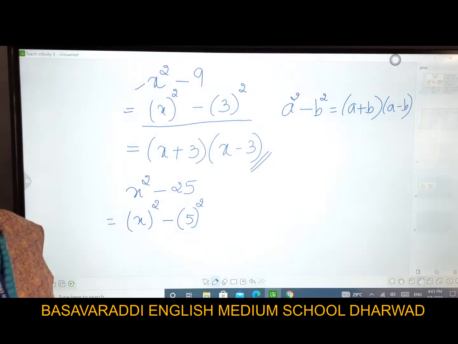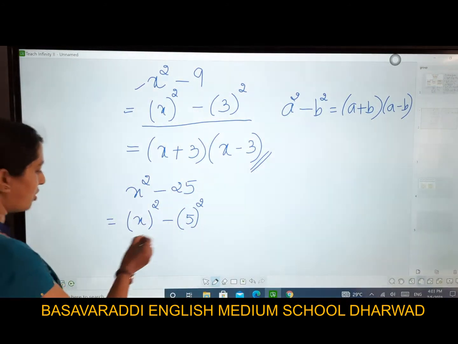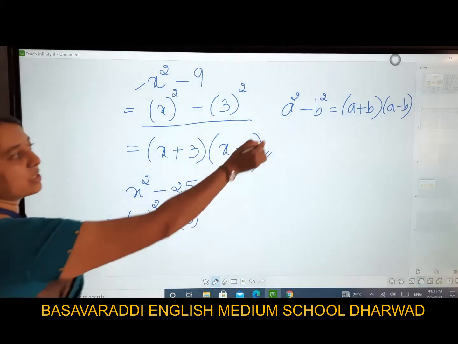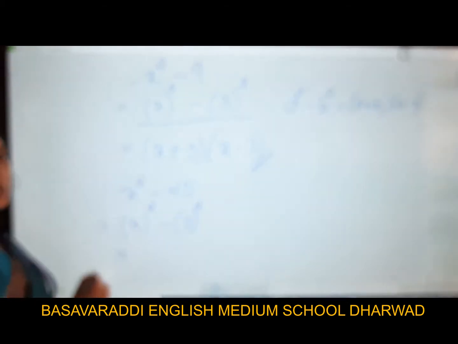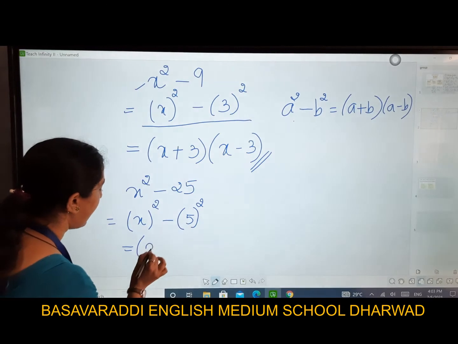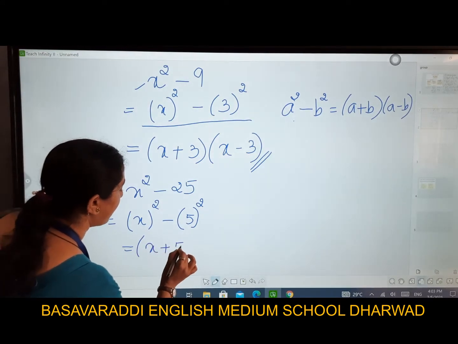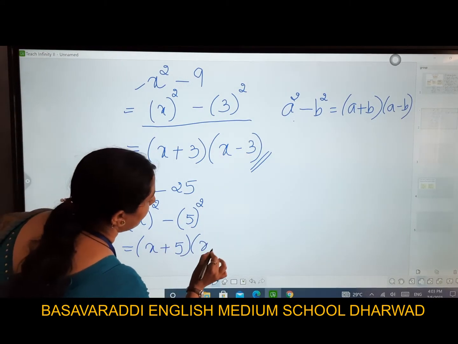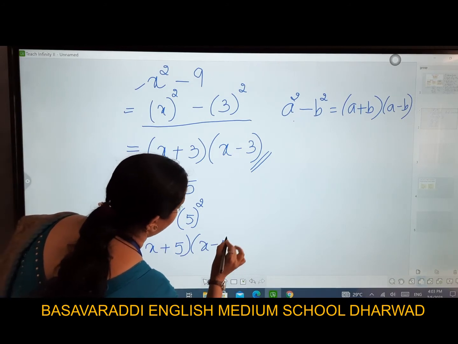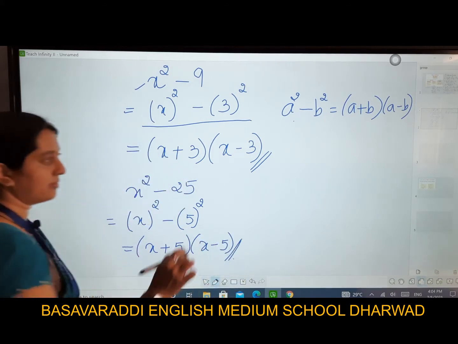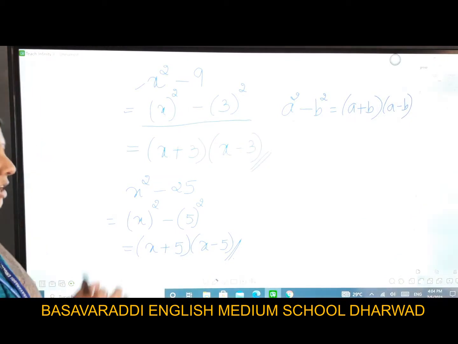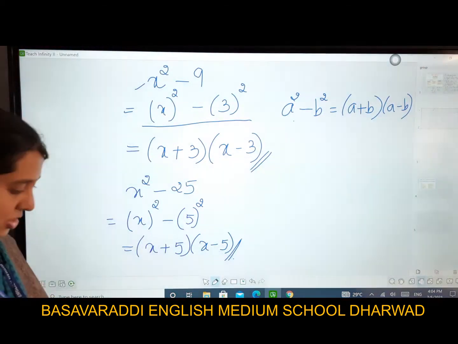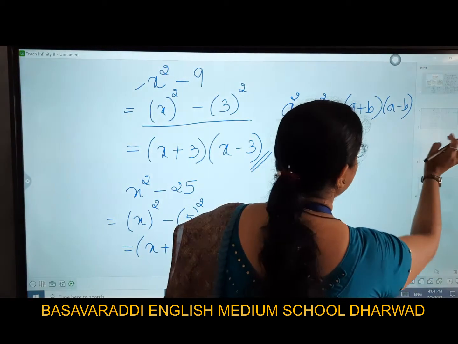So again, the a square minus b square formula, substitute it here. So you'll have x plus 5, x minus 5. Yes, understood? Now let us go to a little bit higher version of the same type of sum.